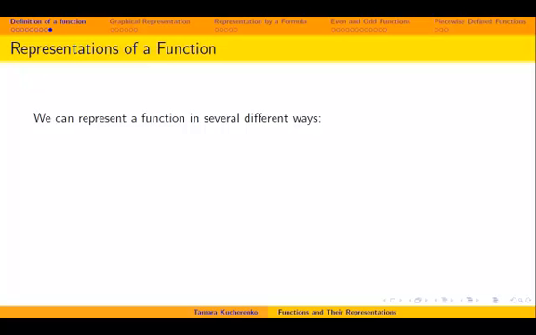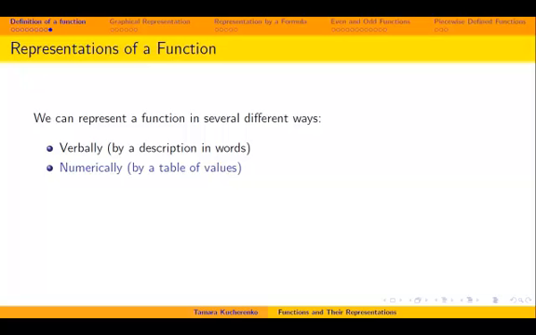We see from the previous example that we can represent a function in several different ways. First of all, we can simply describe the action of a function in words. If the domain of a function is finite, we can define a function numerically by a table which gives the values for each element in the domain. A function could be represented visually by a picture called the graph of the function.